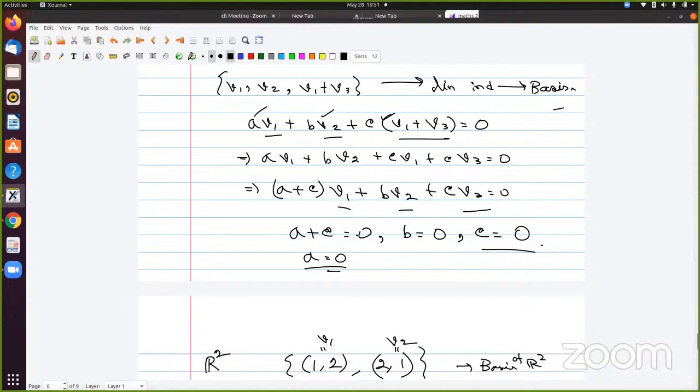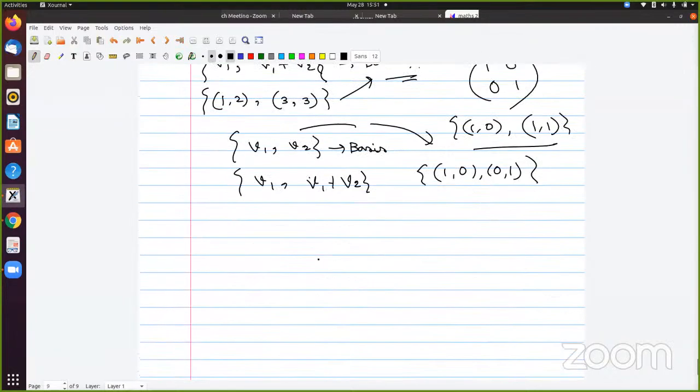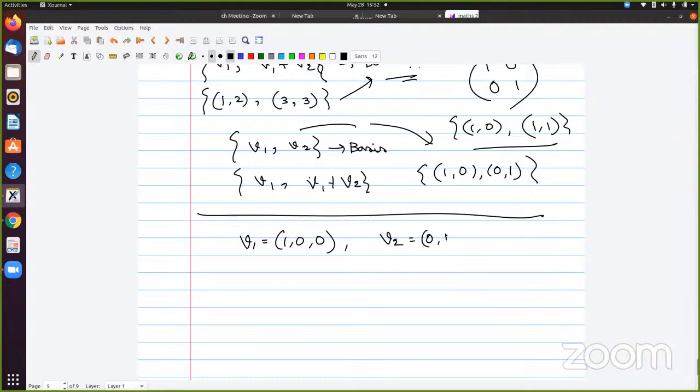And this problem can also be very easily solved if you think that this is in standard format b1, b2, b3, and we take b1 as 100, b2 as 010, and b3 as 001, and put them, we can always prove that all the bases are linearly independent.